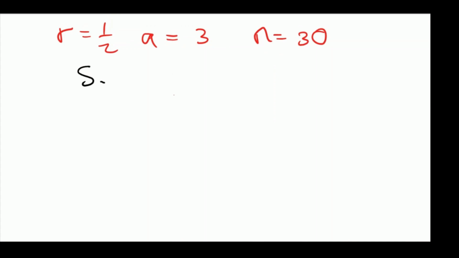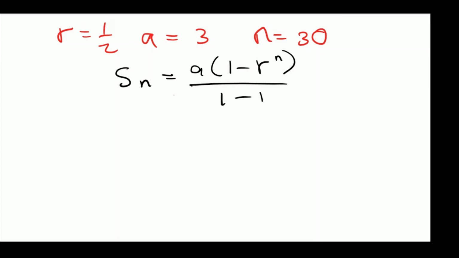To find the sum of this geometric sequence, you're going to say the sum of 30 terms is equal to a. To find the sum, we first write the equation of a geometric series: a into 1 minus r to the power n, divided by 1 minus r.